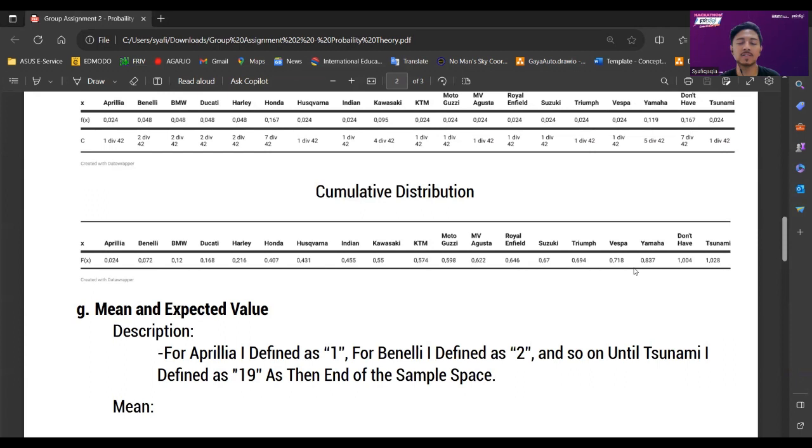That's why at the end of the data, Tsunami is over 1. In real life it should be 1, but in our data, as you can see, it's more than 1, but just a little, because we don't count the exact value of the decimals. We just round it to 3 numbers after 0.